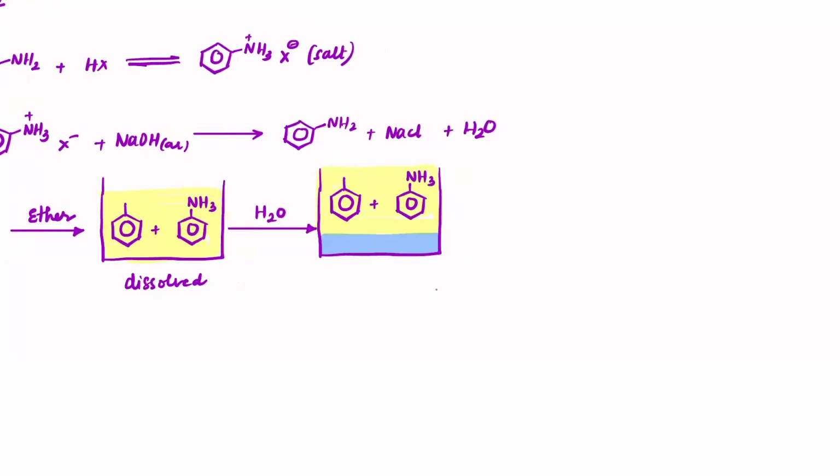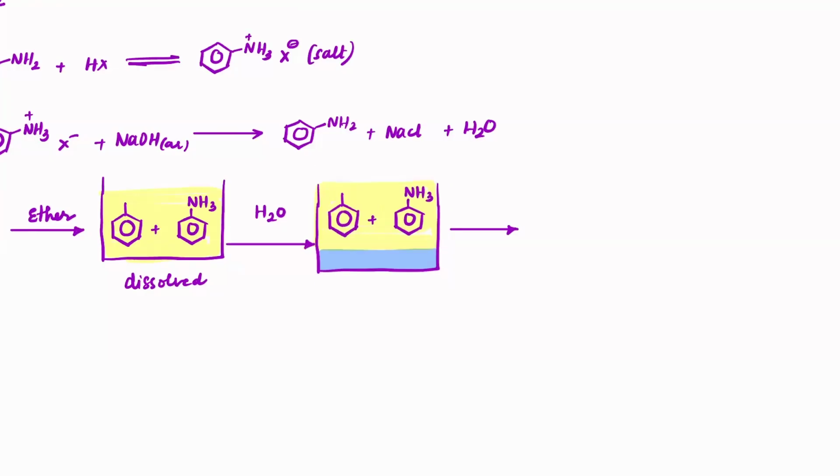And then in this, we can add some dilute HCl. As soon as you add dilute HCl, the aniline will get converted into the ammonium form. Interestingly, you will see that in these two layers, in the first layer, the ether layer, toluene remains in dissolved form, so you will have only toluene here.